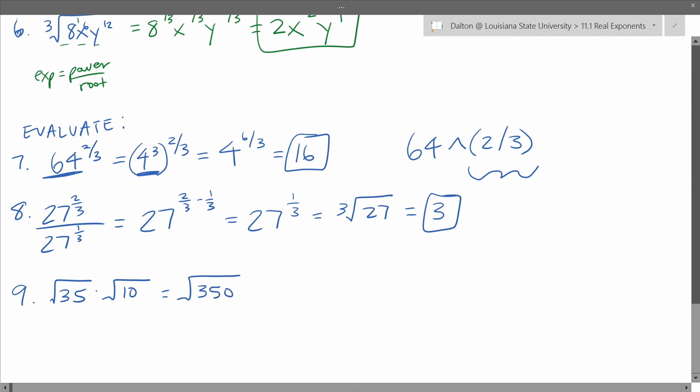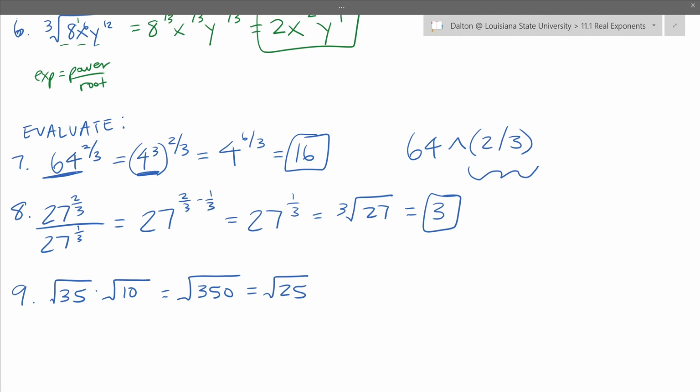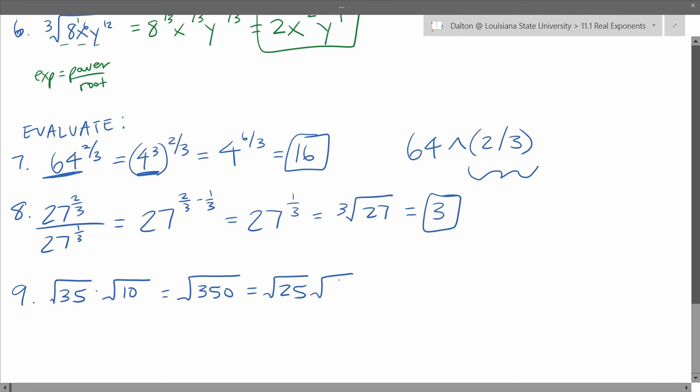Now, this is not simplified because there are square factors of 350. Hopefully the one that pops out to you is 25. So you can rewrite the square root of 350 as the square root of 25 times the square root of 14. And then the square root of 25 is 5. So this would be simplified as 5 square roots of 14.